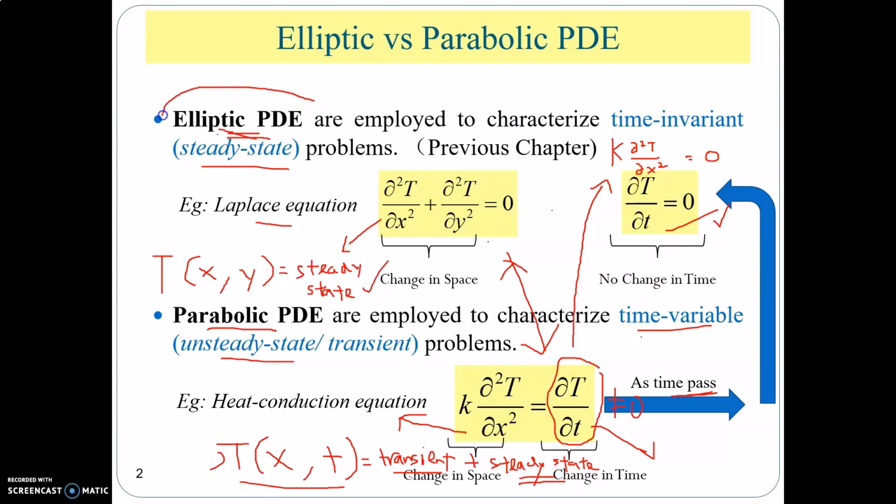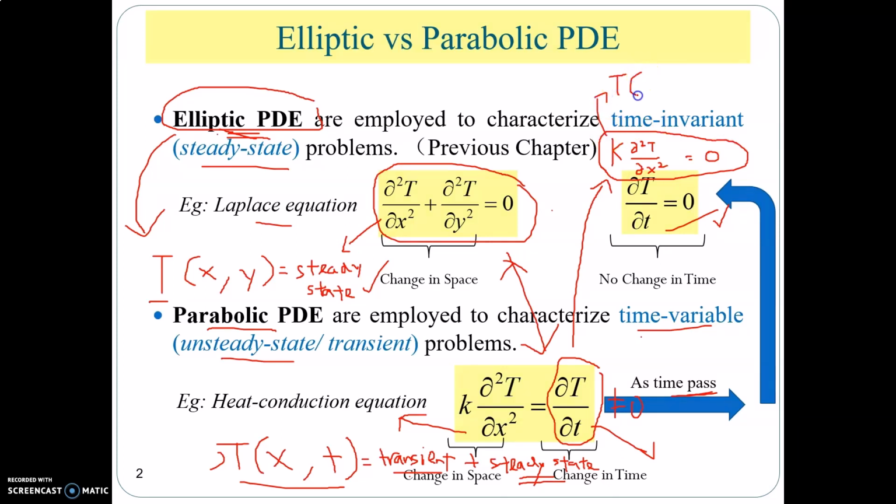In simple, for the elliptic PDE problem, you can find the solution in the steady state condition. For example, from this 2D problem, you can find the temperature at the dimension X and Y to be steady state. From here, it will be a 1D problem where you can find the temperature with respect to X dimension. So you obtain the result in steady state condition as well.